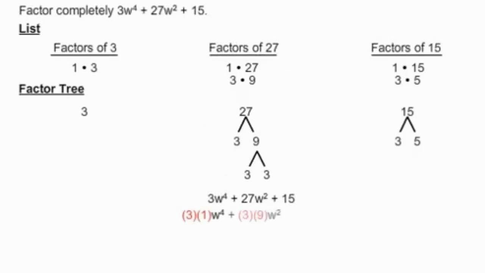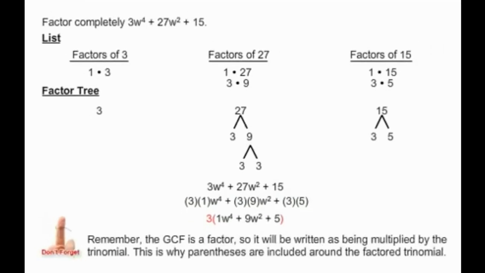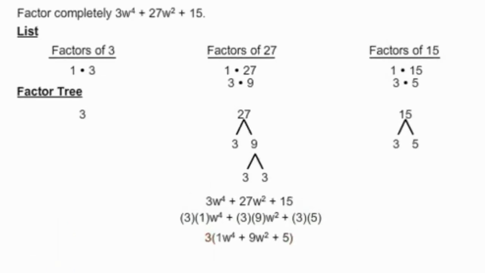Therefore, a 3 should be factored out of each term. Write the GCF of 3 in front of the trinomial, then divide each term by it. It is not necessary to show the 1 in front of w to the 4th power, since it is understood. Now take a look at the variables in each term.